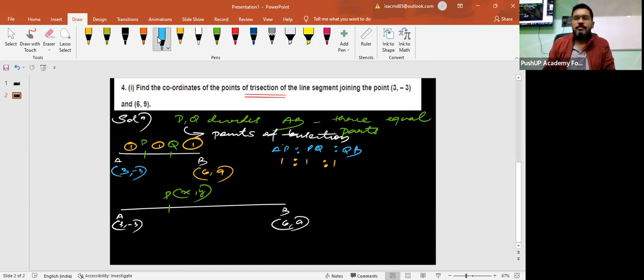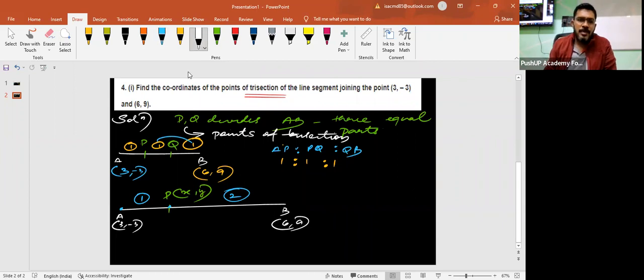Now you tell me. In that case, from point A to point P, I can consider the total length as how many parts? 1 part. And at the same time, what would be the length from point P to point B? It would be 1 plus 1, which is equal to 2 parts. This part is also clear.